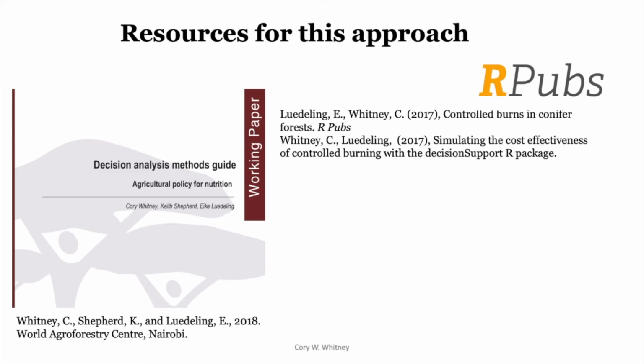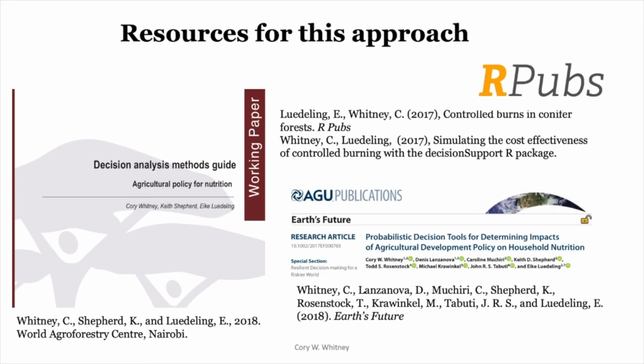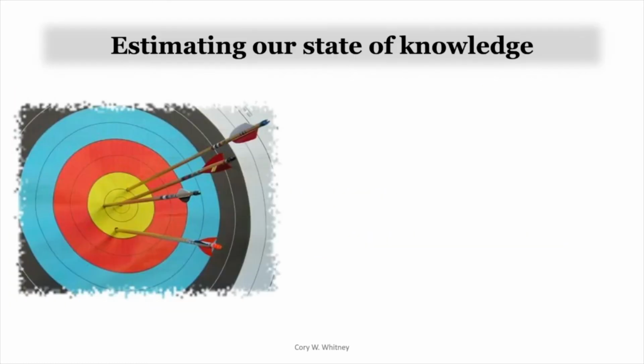We simulate the cost effectiveness of controlled burning. And we also published a paper using the Bayesian networks. So that again, the risk tool that I told you about, but any Bayesian network tool will work for this, and you could follow that. But we've also published this all open access, so you can check it all out. That was in Earth's Future, also in 2018.